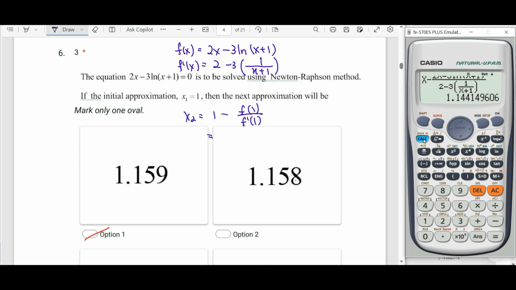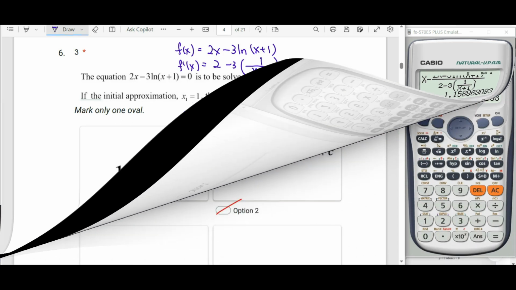Then we press the calculator, calculating for x equals 1. It gives us 1.58883. So we round off to 4 significant figures, 1.5888, and the 8 becomes 9. So the answer is this.